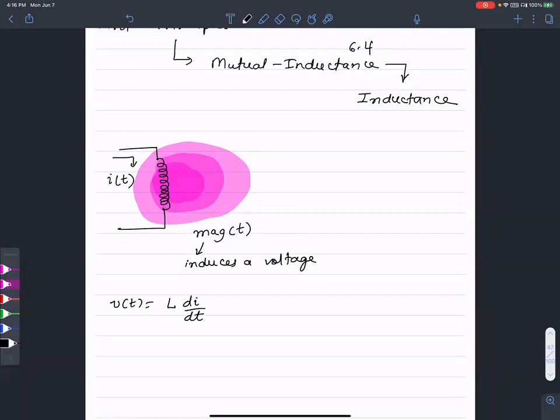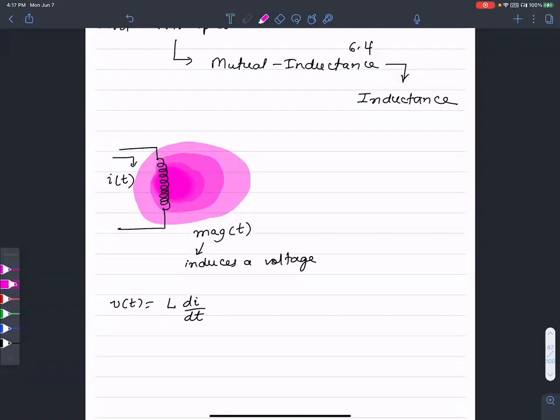You take a long wire and wind it into a coil with a number of turns and pass a time varying current. A magnetic field is physically set up, and this magnetic field induces a voltage.